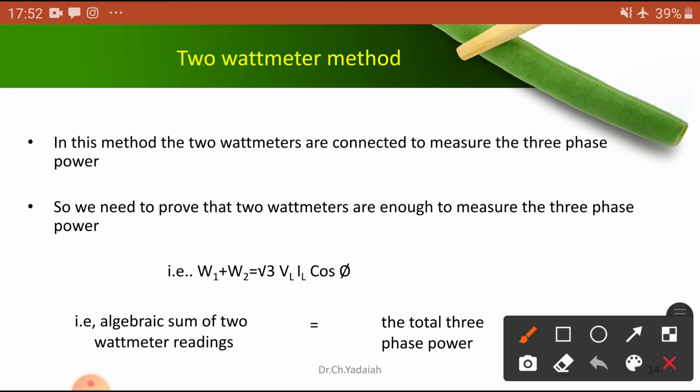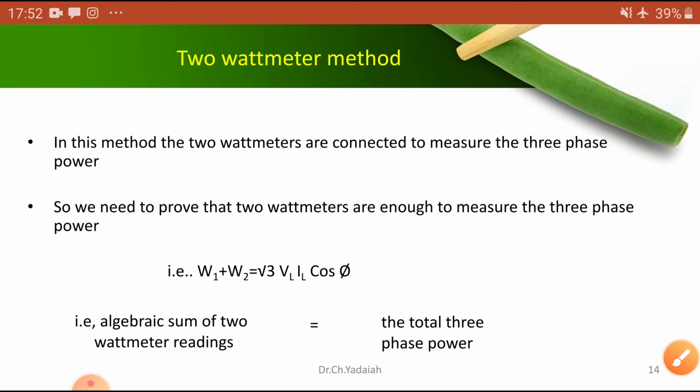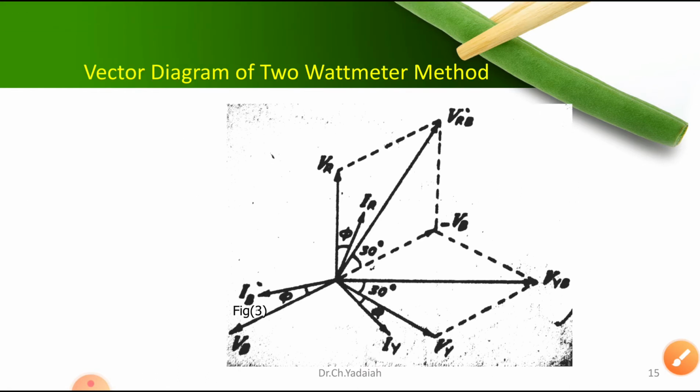So this value is equal to this value. W1 plus W2 is the algebraic sum of the two wattmeter readings, and root 3 VL IL cos phi is the total 3-phase power in a given load. This we have already proved from the vector diagram. How we drew this vector diagram, we have just seen. So this is one vector diagram.